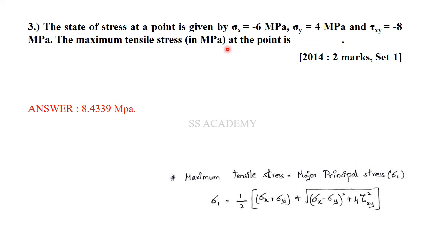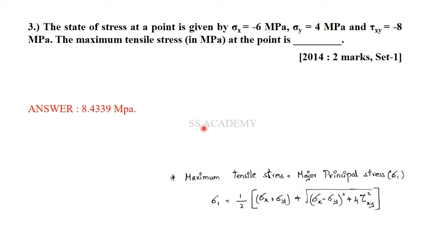Whenever the maximum tensile stress at the point is asked, what we have to determine is the major principal stress, that is sigma 1. As we have already studied, the sigma 1 formula is 1 by 2 into [(sigma x plus sigma y) plus root of ((sigma x minus sigma y) whole squared plus 4 tau xy squared)].